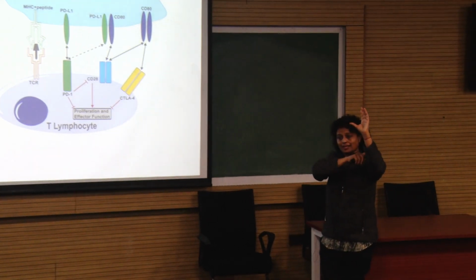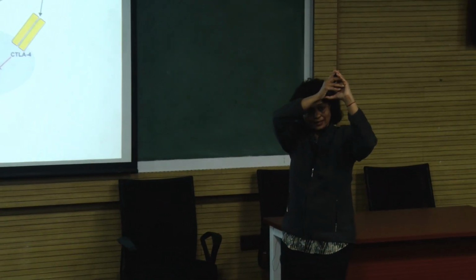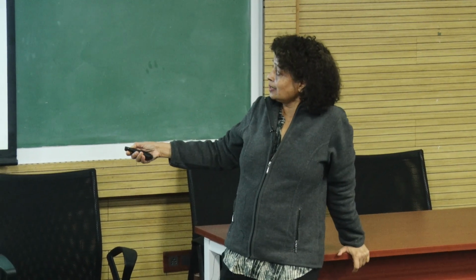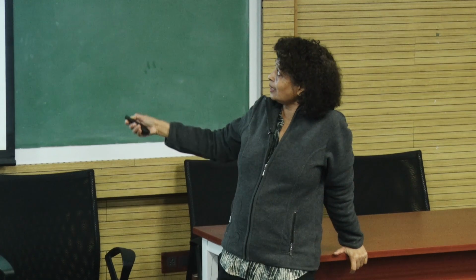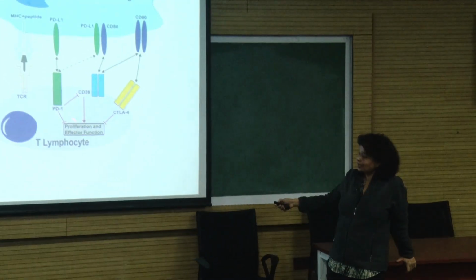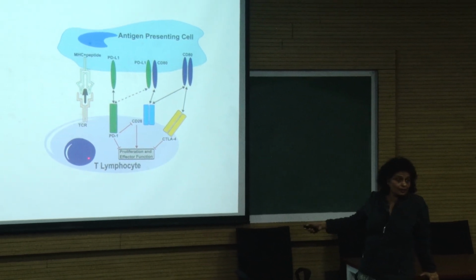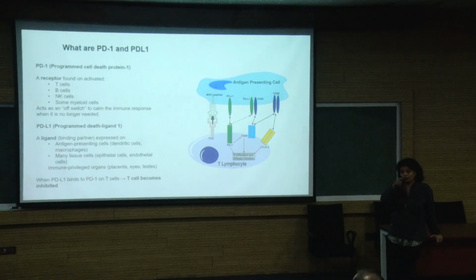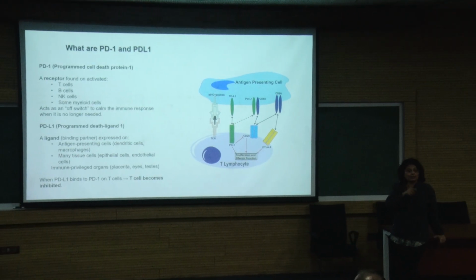I'm shutting this guy down by just binding it here. That's what is shown here. T cells express PD-1, antigen presenting cells express PD-L1, and when they bind, this is shut off. That is a normal mechanism in all our bodies to keep the immune system in check.